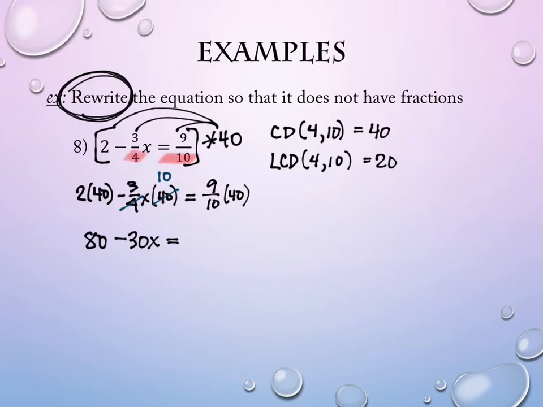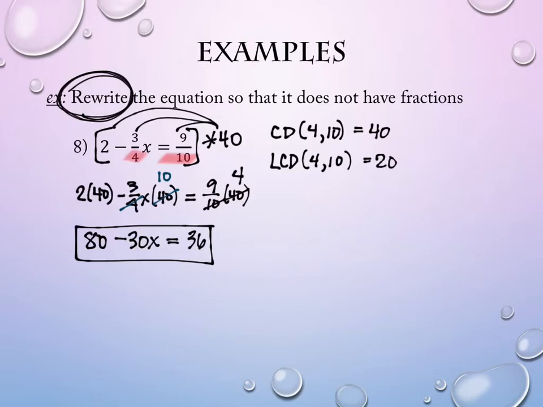So what's 40 divided by 10? It's 4. So these cancel and give me 4. So I have the 9 that's still in the numerator times 4, and 9 times 4 is 36. And you stop right there. There's no more denominators. That's what the directions said.